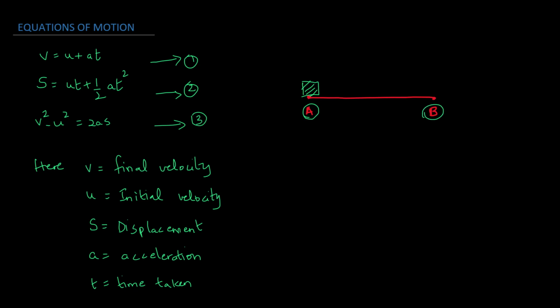At the initial position, it will have an initial velocity u. Because it is starting from rest, it will have 0 meter per second, and it has to attain some final velocity at the final position, that is v meter per second. From position A to position B, it has to move in a certain amount of time, so the time taken here will be some t seconds.